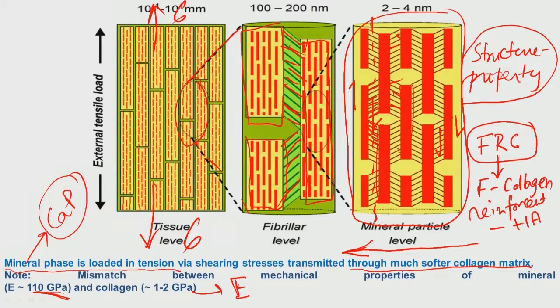So, any fiber reinforced composite, in conventional material science, you know that it shows much better mechanical properties compared to the individual constituents.